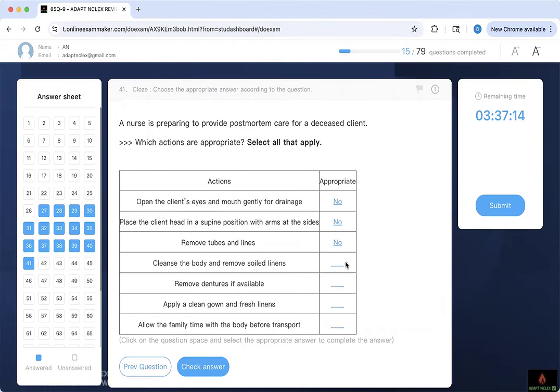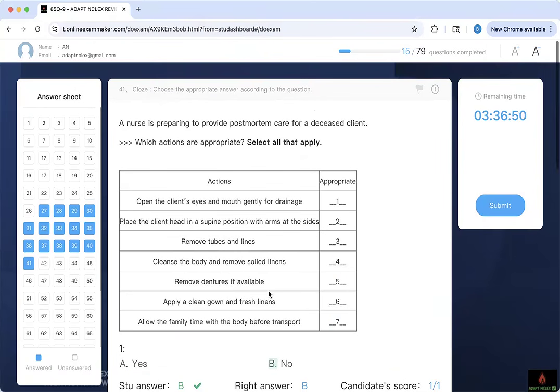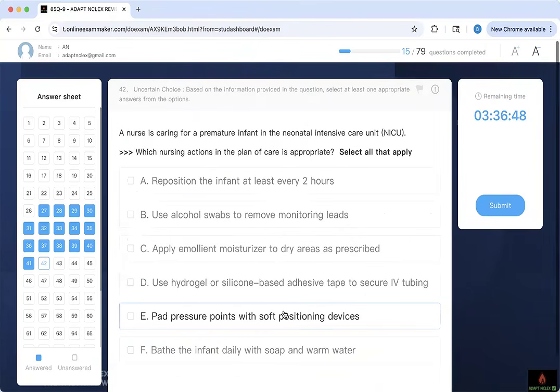You should clean the body. That's fine. Leave the dentures in to make sure their face is shaped that way. Anything that is dirty, you can clean it, and the family can spend time with the patient. This is it. Take a picture of it and never get any of this wrong. If you have done it before, this is the way they're going to ask you. Okay? Basic care and comfort.